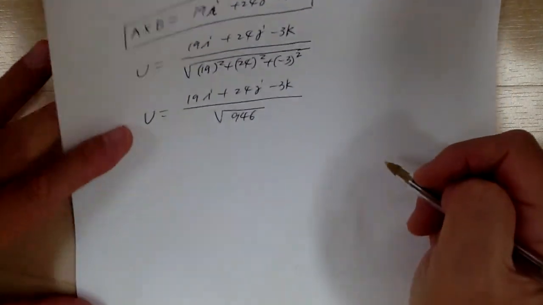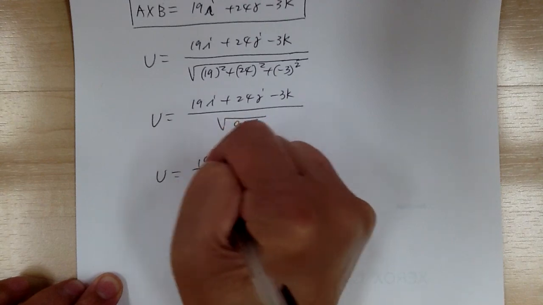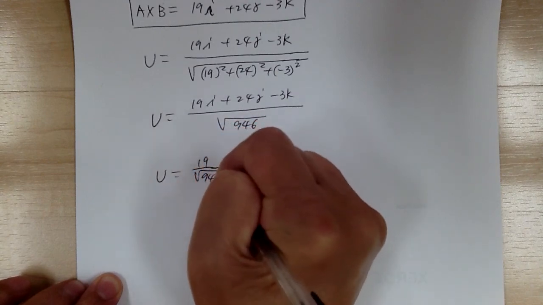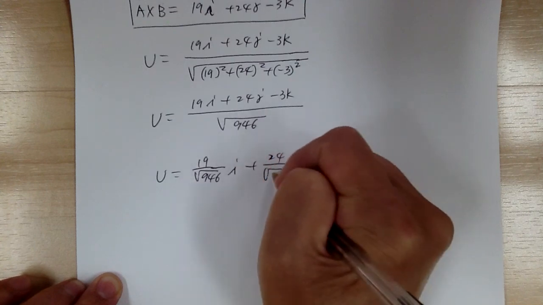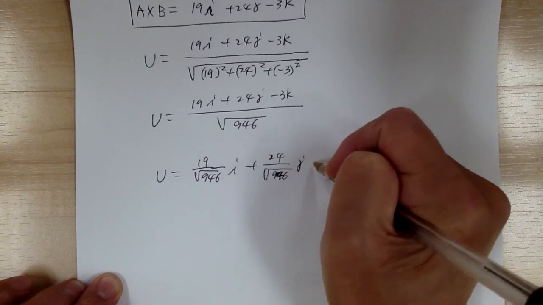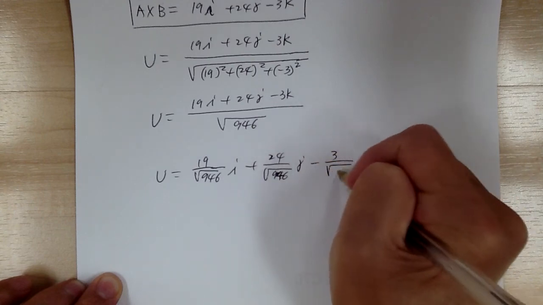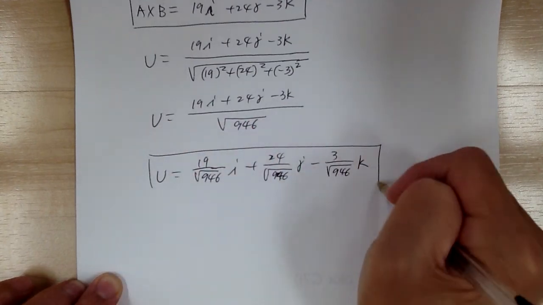After that you separate into their components. So U equal to 19 over square root of 946 i plus 24 over square root of 946 j minus 3 over square root of 946 k. And this would be the unit vector.